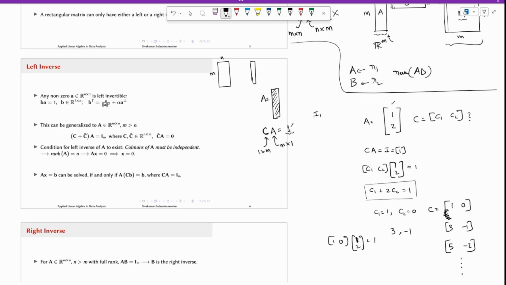That brings us to an important idea when you're talking about left inverses and right inverses. If there is a left inverse, there is no unique left inverse. There are infinitely many left inverses. And we'll also see for right inverses, there are infinitely many right inverses.